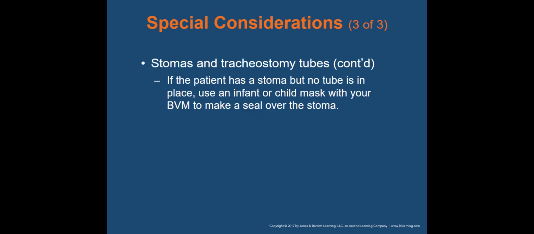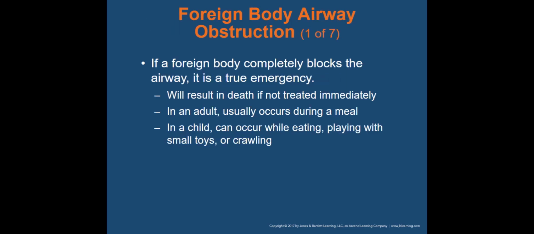If the patient has a stoma but no tube is in place, you can use a very small infant or child mask, make a seal around the neck and the opening of the stoma, and then use the BVM to ventilate. If you have a hard time ventilating a patient with a stoma, try suctioning the stoma and the mouth with a French or soft tip catheter. Seal the stoma, so actually cover up the stoma, and see if you're able to move air via mouth-to-mouth ventilations or mouth-to-mask in the EMT's case.